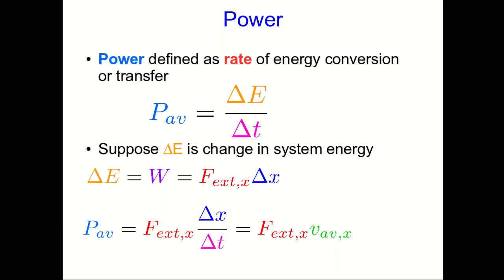So that's a fairly useful common expression that can get you the power if you just know the force acting on an object and the velocity that the object is moving at. And of course, again, you can take a limit as delta t goes to 0 to get an instantaneous power when both the force and the velocity are changing.